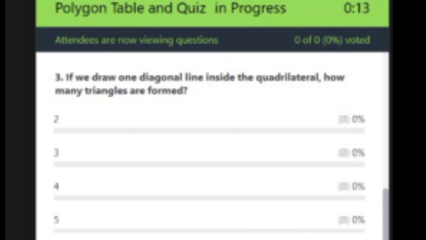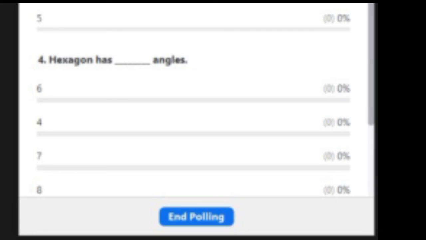Then how many triangles are formed? Think and select the right answer. First option is 2, second is 3, third is 4 and fourth is 5. Press the Next button.